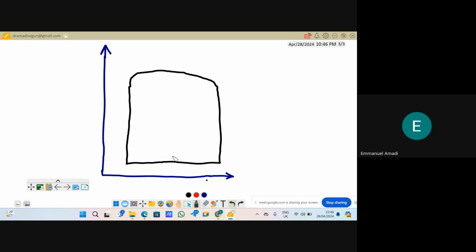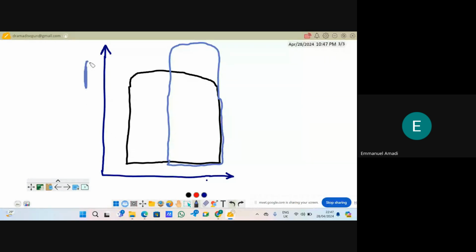Now, see what I want you to see. Look at this. I want you to think of something. This particular blue line, what do you think this is?